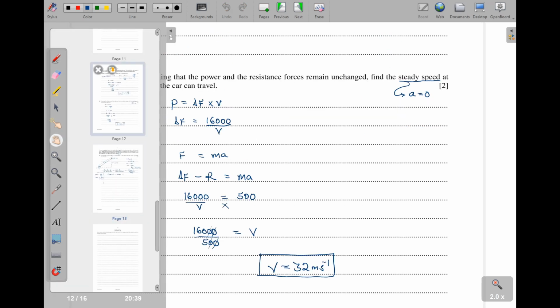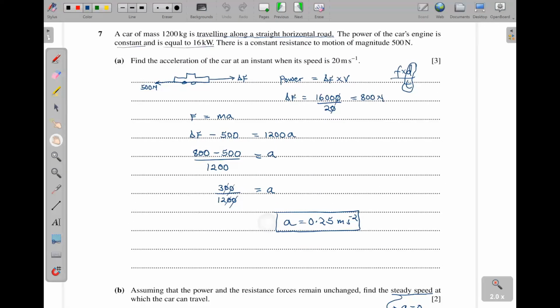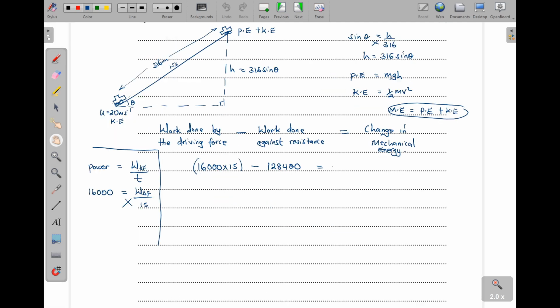The mass of the car was given as 1,200 kilograms, times G, then times H, which is this one here, 316, sine of theta is 1/60.